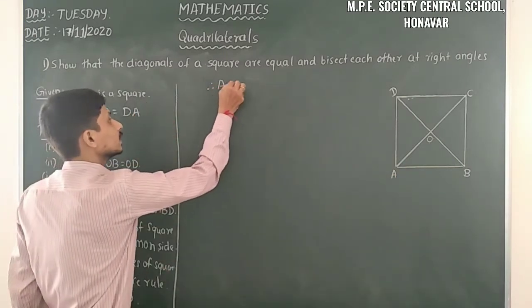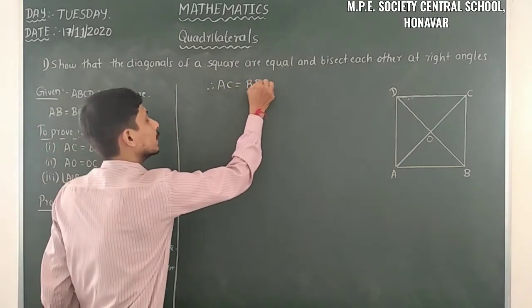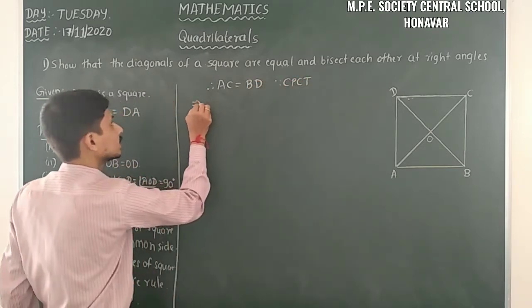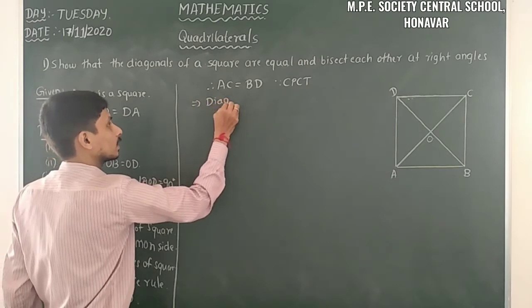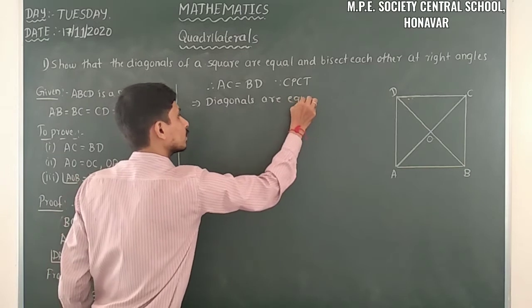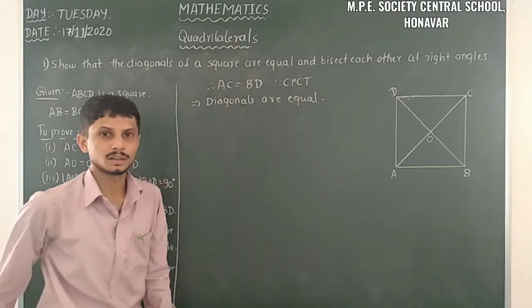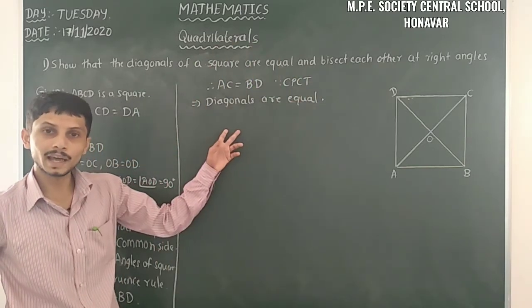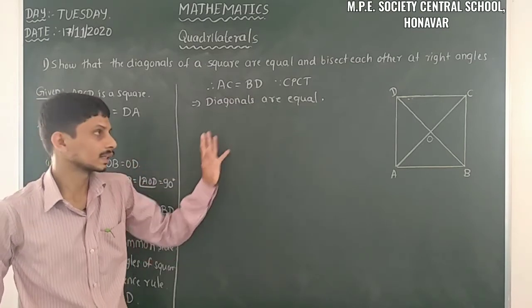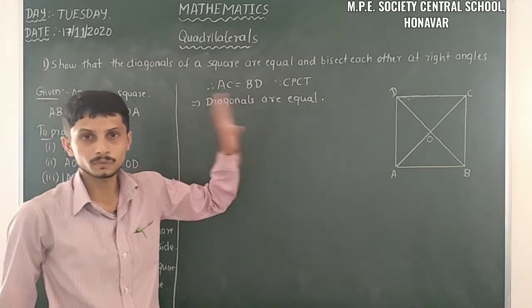Therefore AC is equal to BD. So it is CPCT. This implies diagonals are equal. When the diagonals are equal, then it must be a square. Yes, so diagonals are equal we have.